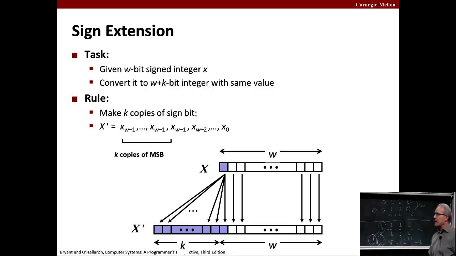So that's the idea of sign extension, and you'll see that a lot in bit patterns, especially if you see a bit pattern that starts with a bunch of F's.